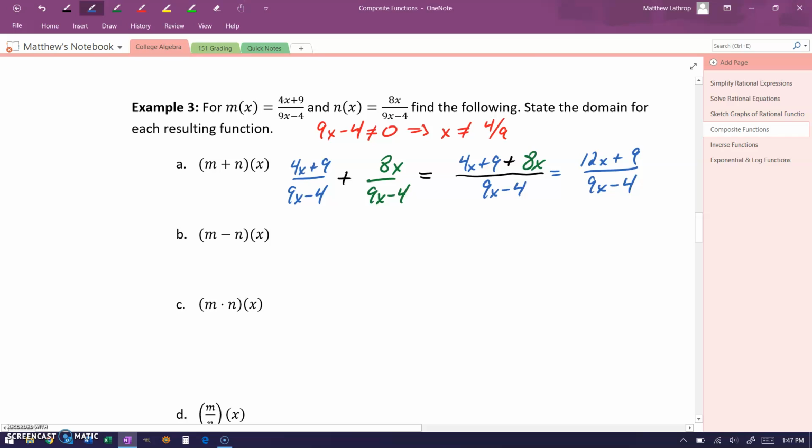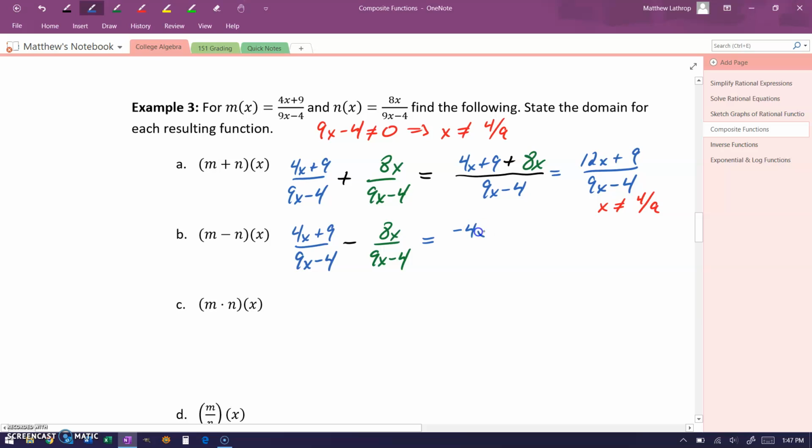9x minus 4 can't be equal to 0, but that was the same restriction that we had in the original function, so our domain would have one restricted value, which is that x cannot be equal to 4 over 9. In part B, we're going to subtract these two functions, where again they have that same common denominator, meaning we can go ahead and merge this into one rational function and combine like terms.